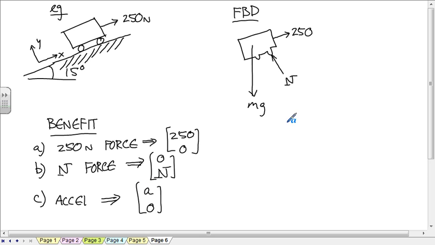The drawback, the trade-off is that in a horizontal vertical coordinate system, the weight is always really easy to deal with, right? Because it just acts in the negative y direction. Now the weight of this thing is a mess.